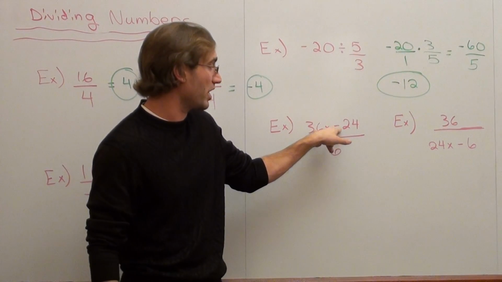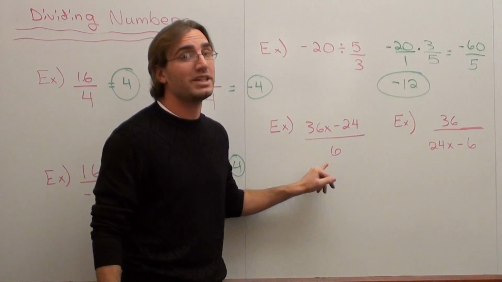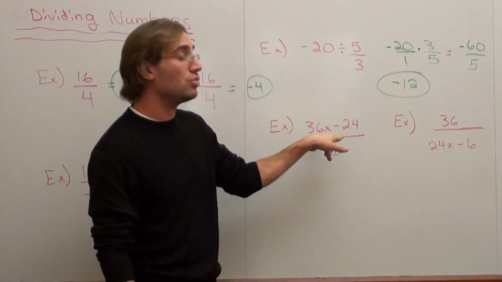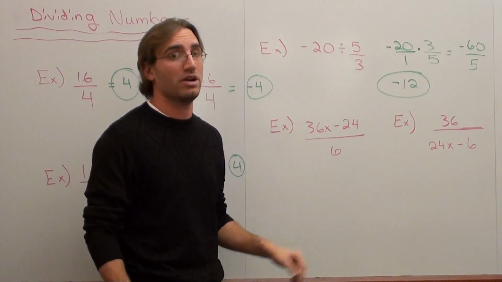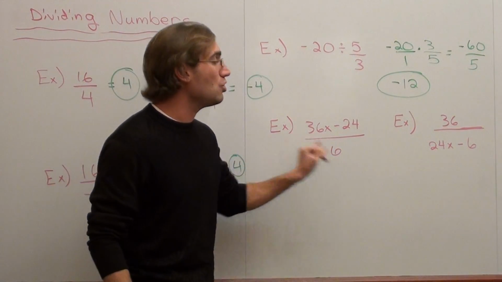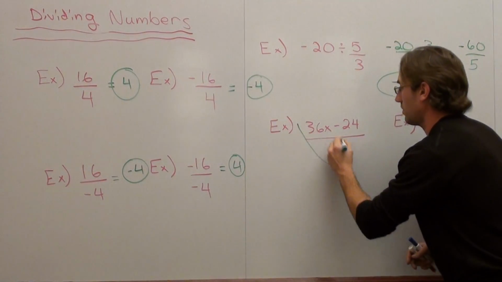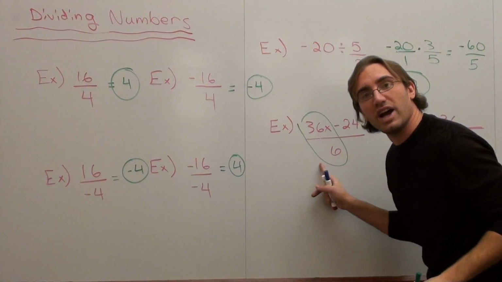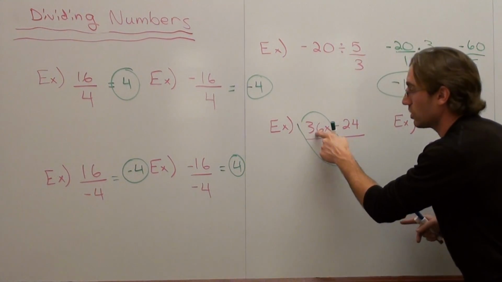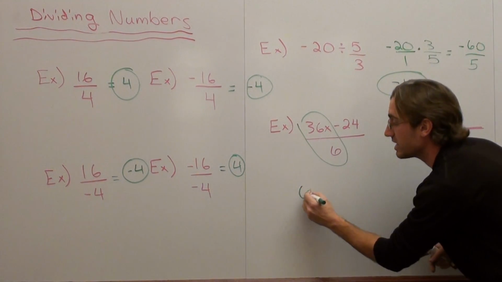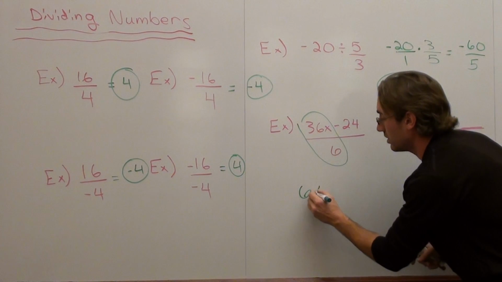If you have 2 numerators and you're dividing by 1 denominator, let me say that again. If you have 2 numerators and you're dividing by 1 denominator, you can divide each numerator by the denominator. 36x divided by 6 is, 36 divided by 6 is 6, and you have an x left over.